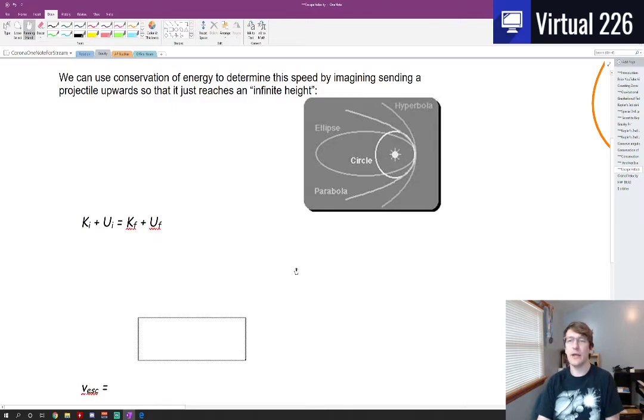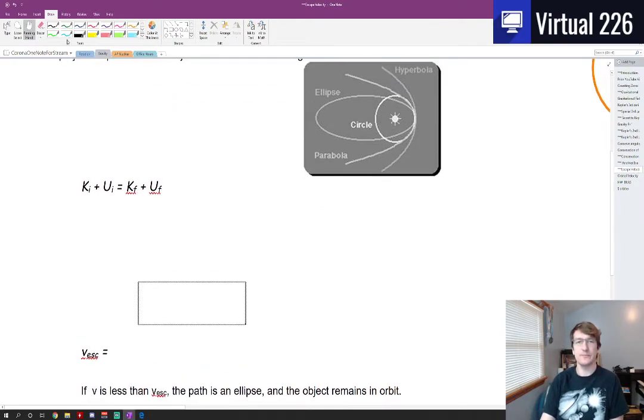Now, the way we can do this is the conservation of energy, that's going to be our ticket out of here. We know that at the end of this, our final kinetic and final potential are going to be 0 and 0. We've got 0 kinetic because we're not moving out at infinity, and at infinity our potential is 0. So all we have to say is our initial kinetic energy is 1/2 mv squared, where v is actually going to be our escape velocity, plus a potential.